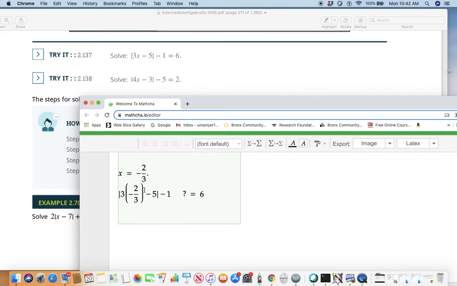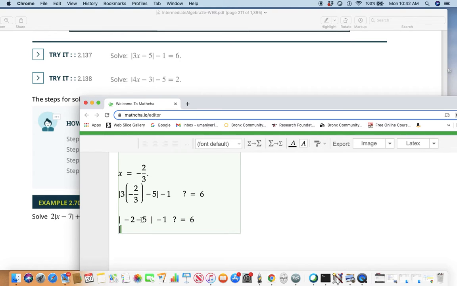Now, absolute value is to be evaluated first because it's a grouping mechanism. So notice 3 reduces the 3. All I'm left with is negative 2 minus 5, and negative 1 is on the outside. Question, is it equal to 6?